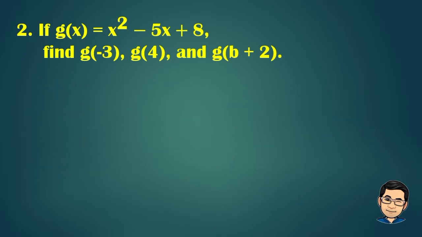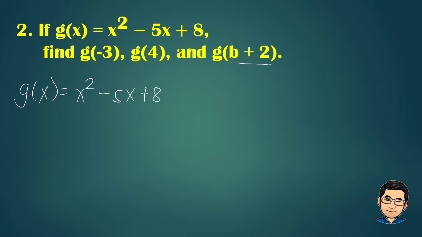So, yung last natin is g of b plus 2. So, kung mapapansin nyo, binomial expression siya. So, let's start. G of x is equal to x squared minus 5x plus 8. So, hindi lang mga numbers ang pwede nating isubstitute dito. So, pwede rin yung mga polynomial, monomial, binomial, trinomial.